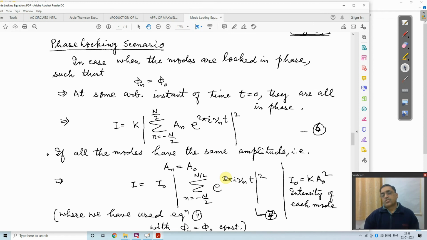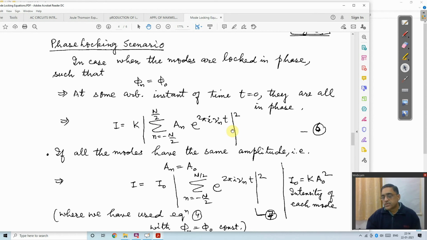Now, how are the phases locked? That is an important question. In case when the modes are locked in phase, we have phi_n constant here, and at some arbitrary instant of time, say t equals 0, they all are in phase, and the intensity can be written as some constant times the summation over n equal to minus N by 2 to N by 2 of a_n e raised to 2 pi iota nu_n t.